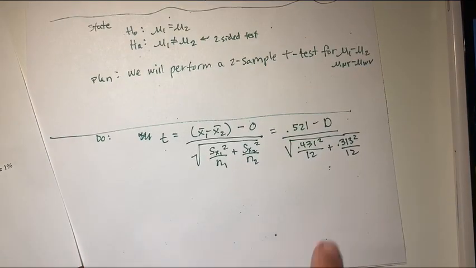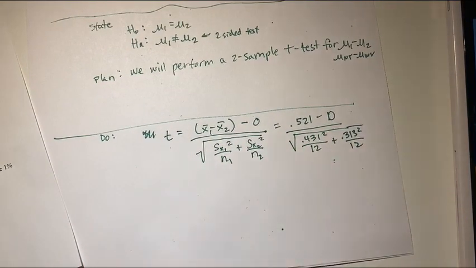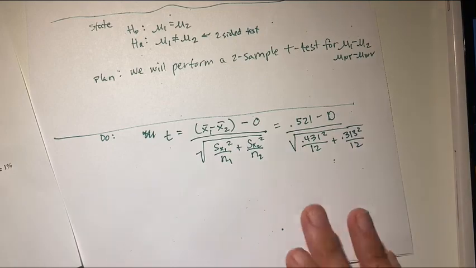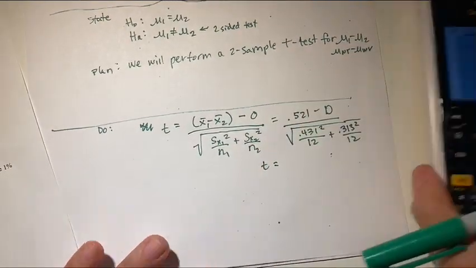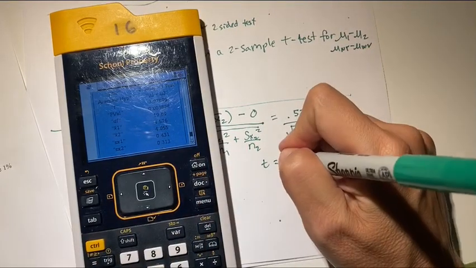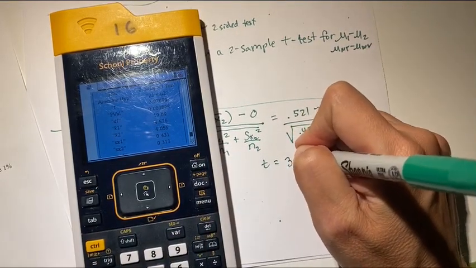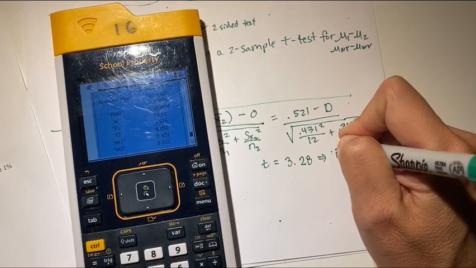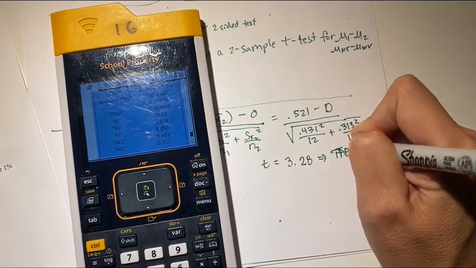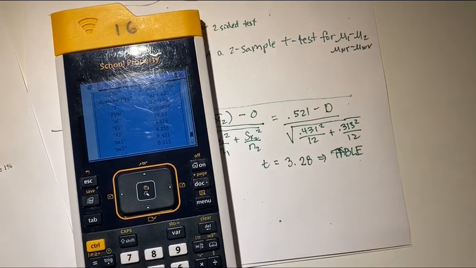Okay. Now you're thinking, well, why did I do this? You don't have to do it. It helps you get the multiple choice questions right, and it helps you understand what's happening in the problem. And it helps you appreciate the fact that the calculator is doing a lot of the work. So it created a t-value of 3.28. Well, what is that? If you go to table A, what is the probability of getting that at least as large? And that's going to go into this next part of the question.